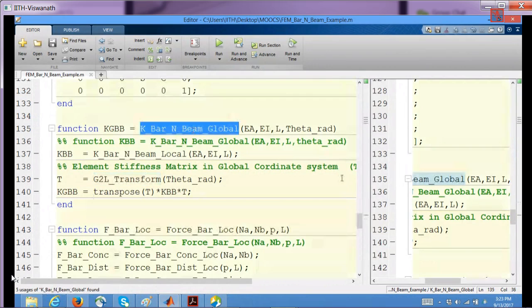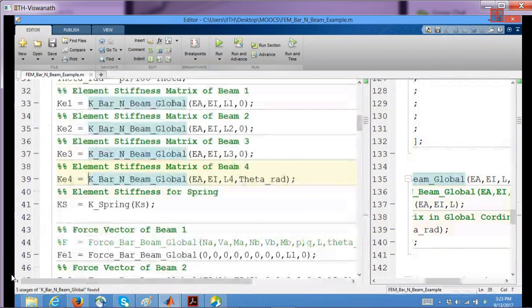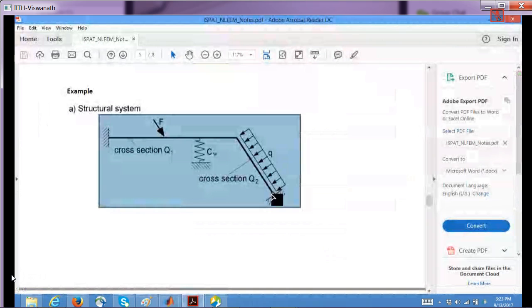Inside every element, we initially computed local and then converted into global with respect to the inclination theta. That's how we obtain all the stiffness in terms of global degrees of freedom, even if the element is inclined in the local direction.